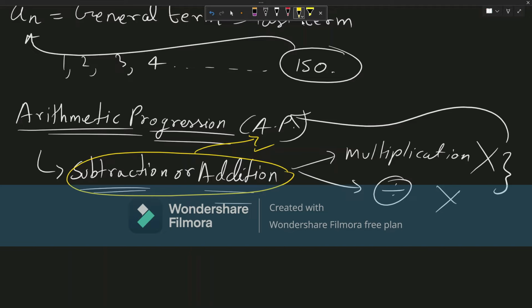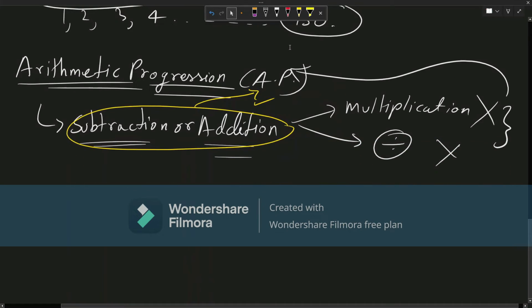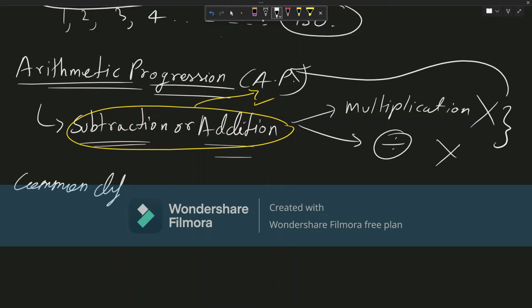Now, if you want to know, there's a fixed number by which it is being added or subtracted. So it will be called the common difference. Now, common difference can be denoted as D. Okay.